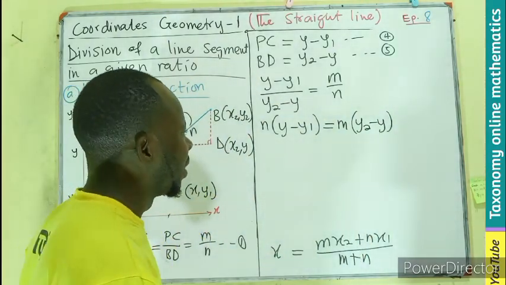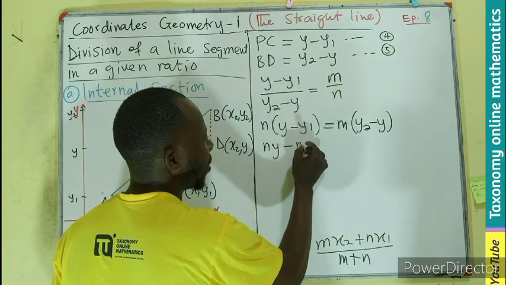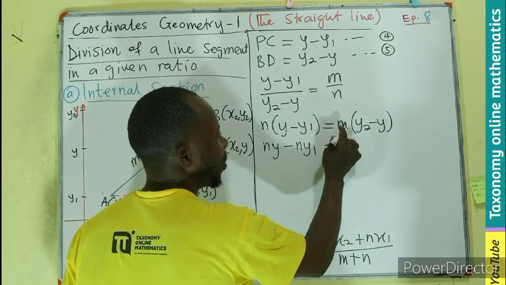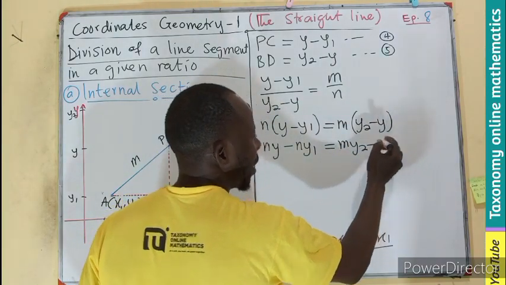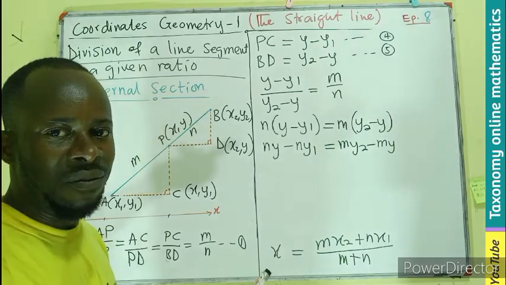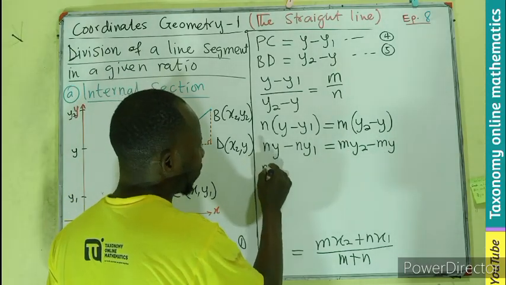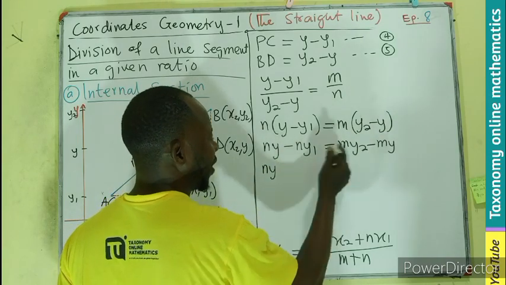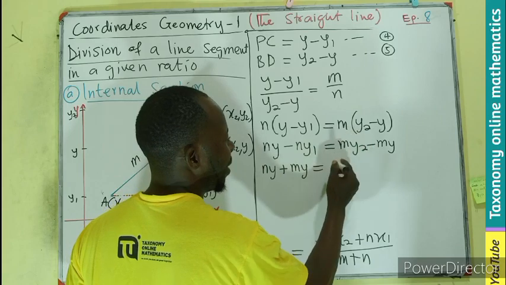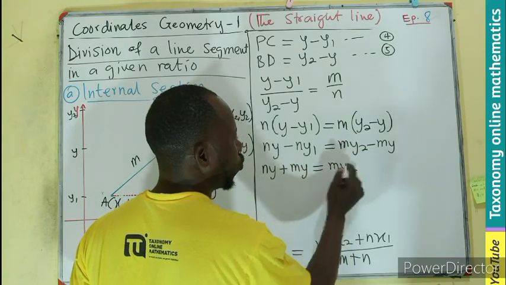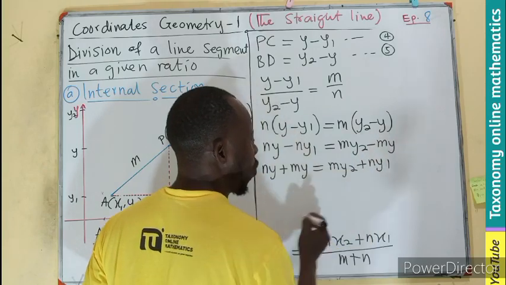We can expand further to have ny, minus ny1, equals my2, minus my. What are we looking for? The y values. So let's group the y values together to have ny, and negative becomes positive, plus my. We are maintaining our my2, then negative becomes plus ny1.